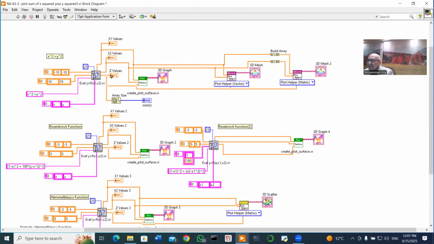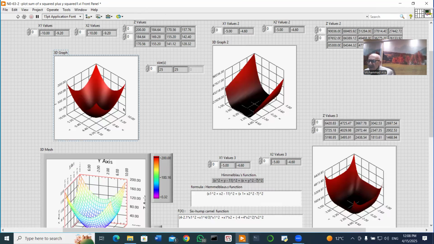So as you see, all I have to do is to connect the output directly to the plot surface terminal, and here to connect also the x, y initial values and ending values, lower and higher values, and now I can get the figure. Here it is.